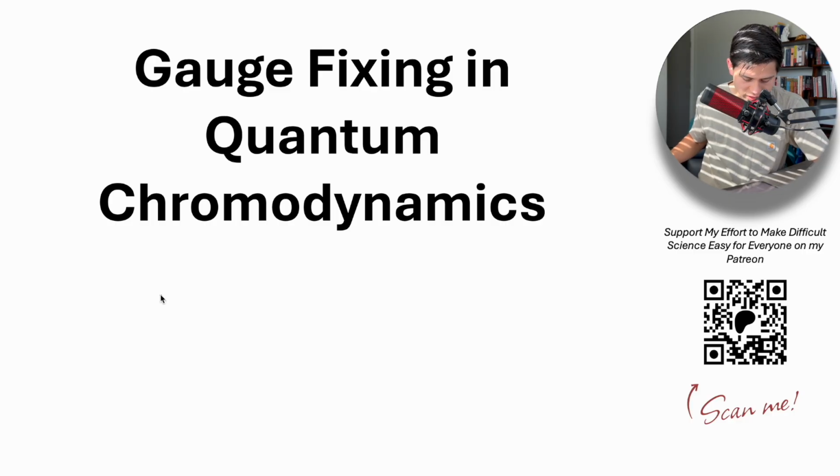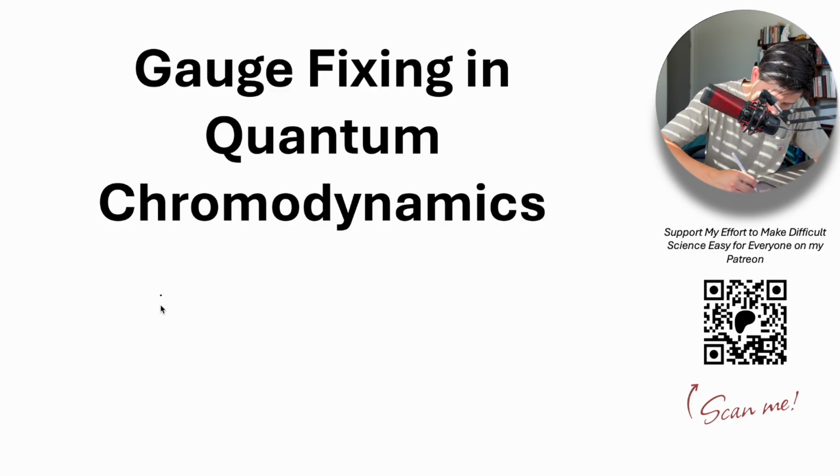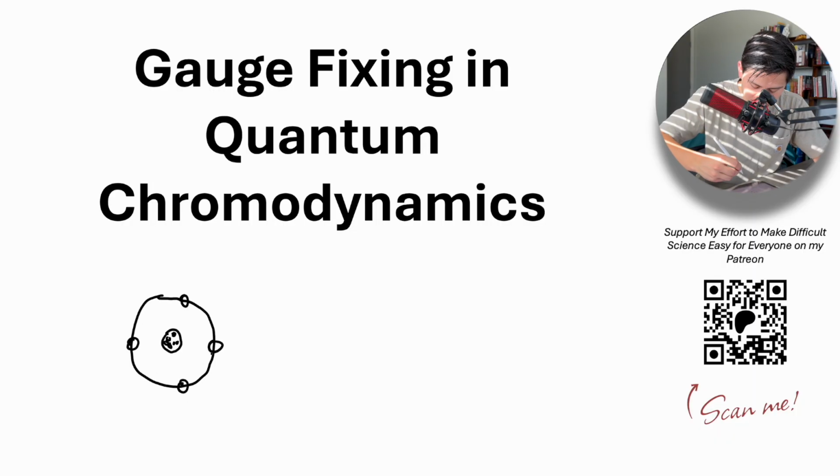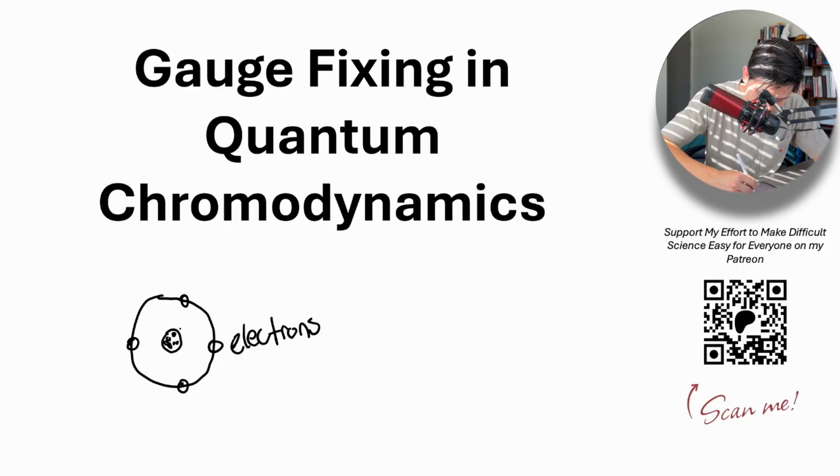And inside the atom we have this nucleus, and in the nucleus we have protons and neutrons, and surrounding that we have electrons, right? So these are electrons, and the inside here are protons and neutrons, right?